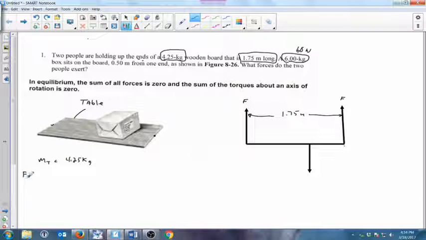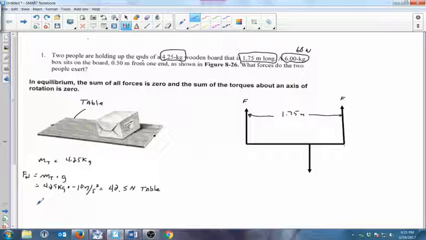Force weight is equal to whatever the mass of the table is times gravity, which is equal to 4.25 kilograms times minus 10 meters per second squared, which gives us 42.5 newtons for the table. I'll make sure we know that's the table.